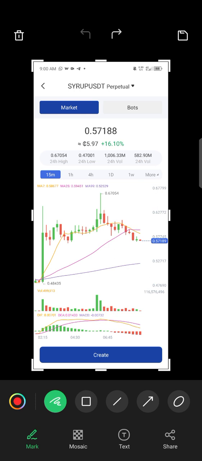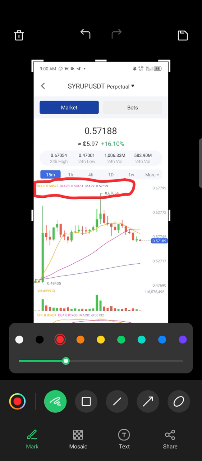Now the other thing is that below the time frame, you can see that we have the MA7, MA25, and MA99. These are the moving averages that I spoke about, and that is what we'll be using for our indicator.